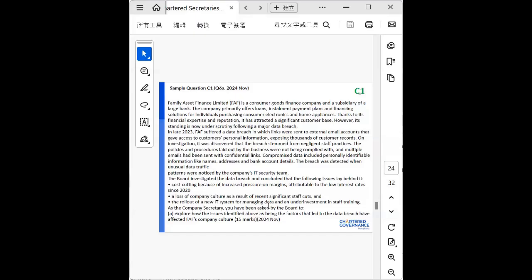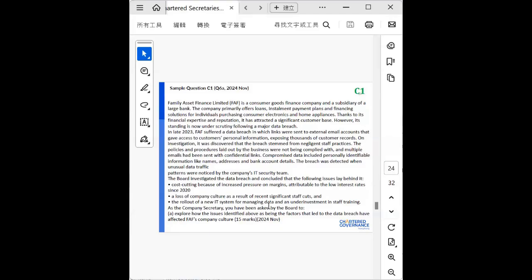Trust in the leadership may be eroded. So these are all the things that you can discuss when you use the cultural web elements for the discussion. So these are the impacts that we can see on the company.